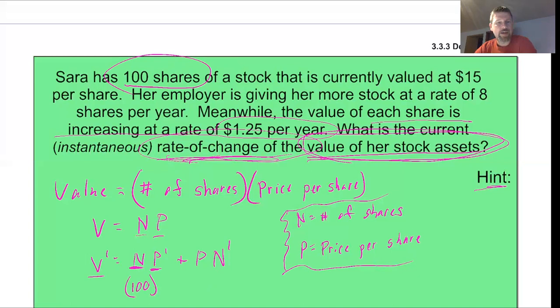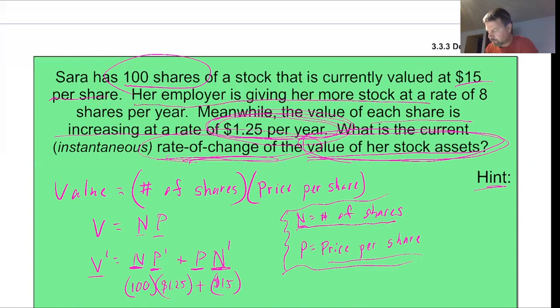P prime is how quickly the price per share is changing. It's right here: it's increasing by $1.25 per year. So $1.25, plus P, the price per share, which is currently $15, times N prime. N prime is how quickly the number of shares is changing.